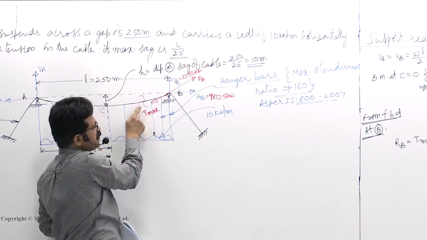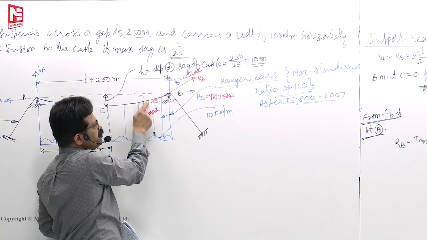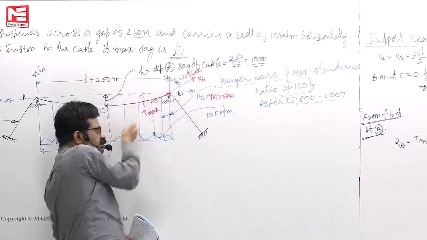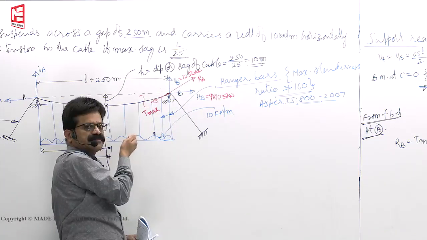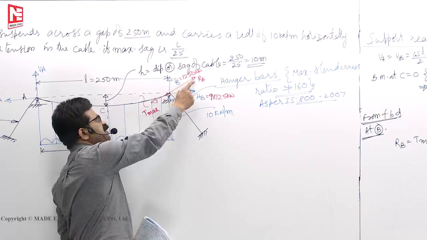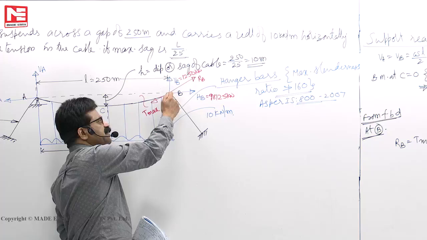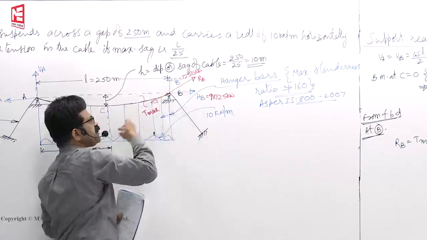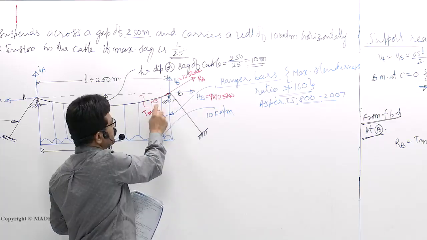If I cut here, then what the cable is doing on the pulley you have to show. So the cable is pulling the pulley with a force of T max. In return, the hinge is giving this much reaction, RB. So they have to be equal and oppositely directed.